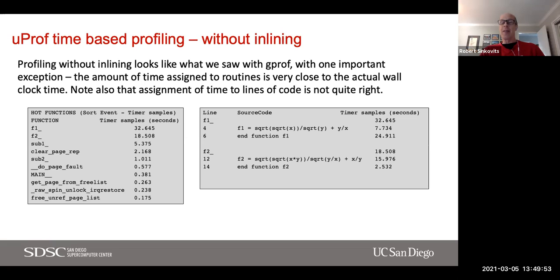But then the majority of the time was assigned to end function f1. So this is the statement that defines the end of the function. So again, might be some useful information here, but if you're compiling your code with optimization turned on, say -O2 or -O3, you are going to see some assignments that look not quite right.